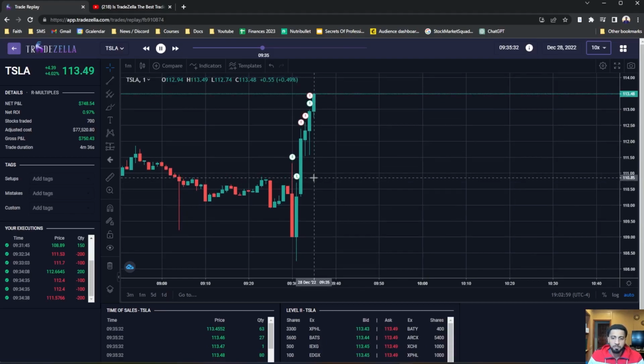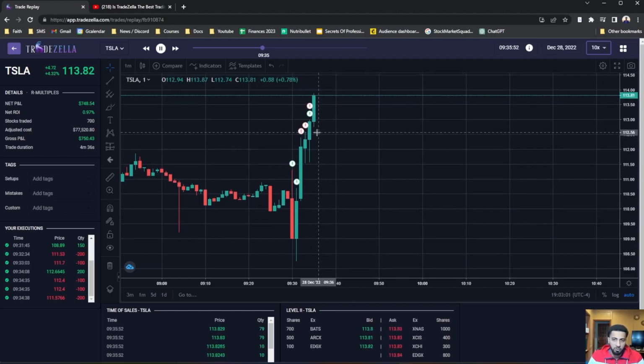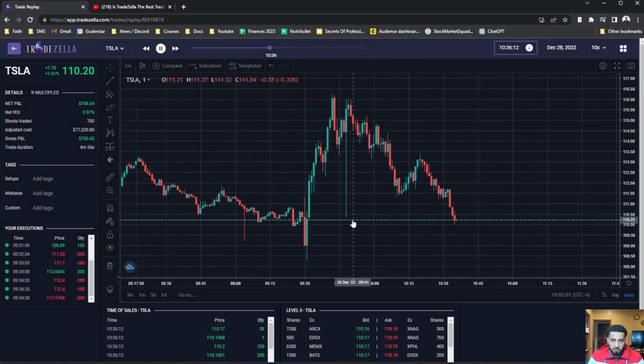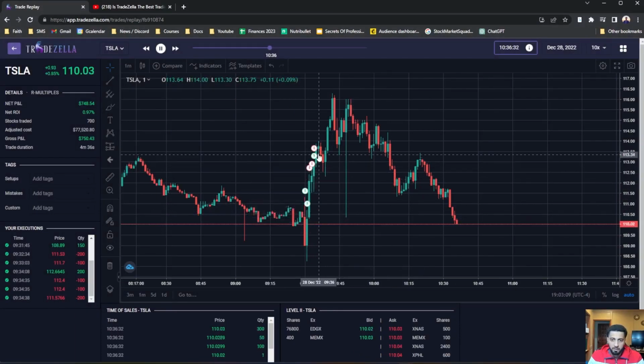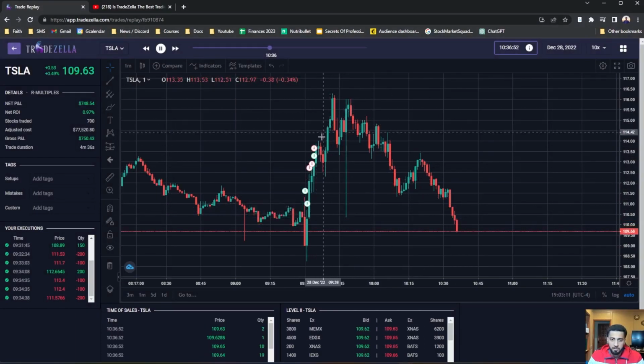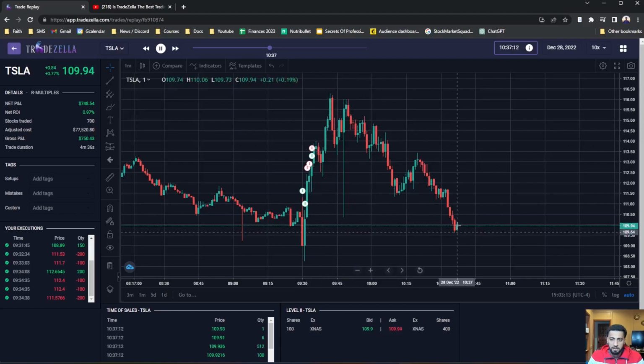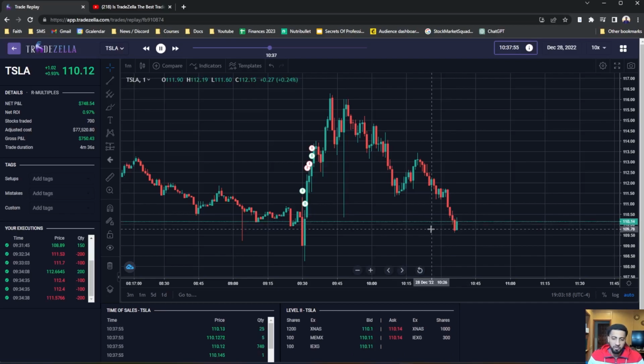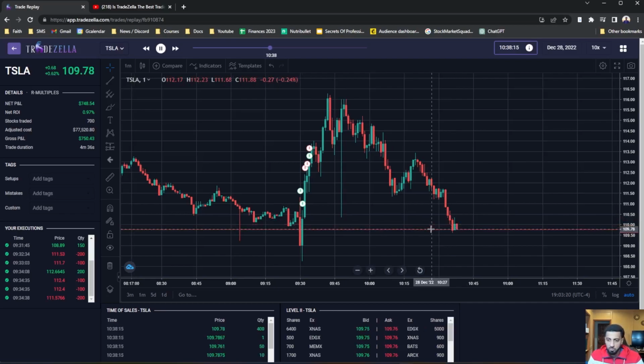You can speed it up and watch as the candles are moving. And let's say you want to check out what happened an hour later. You can just speed it up, right? So I entered, exited on the way up, missed this part, and then it ends up coming back down to where I entered. So there's so many different ways that you can get better and that you can practice.